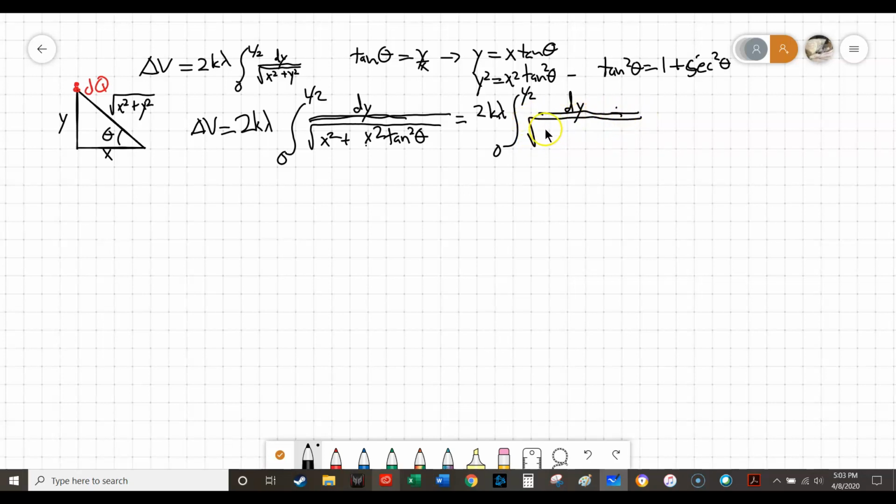So what I have now is x squared times 1 plus tangent squared of theta, still dy. We're going to substitute that in a second. Well, now we could see that we're going to need to do some things right here.